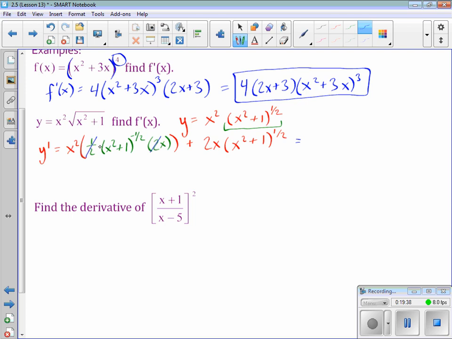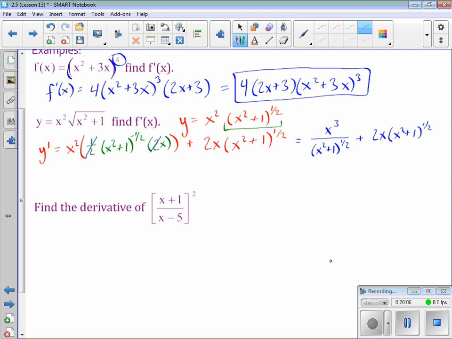And then what do I do if something's to the -1/2 power? Put it in the denominator, so it's going to become x squared plus 1 to the 1/2. And then this piece here, we can't really put anything together, so I'm just going to leave that as 2x and then x squared plus 1 to the 1/2.